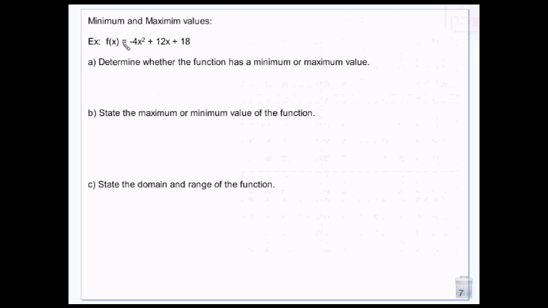Okay, if A is negative, you're like this, right? So you have a maximum. If A is positive, you're like this, so you have a minimum.